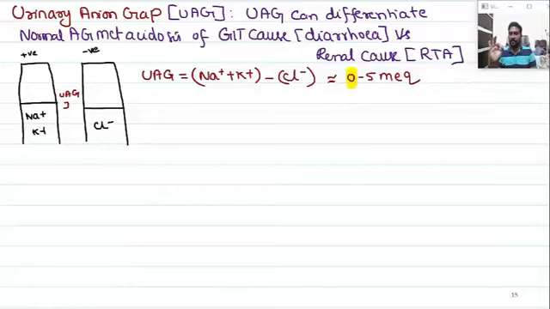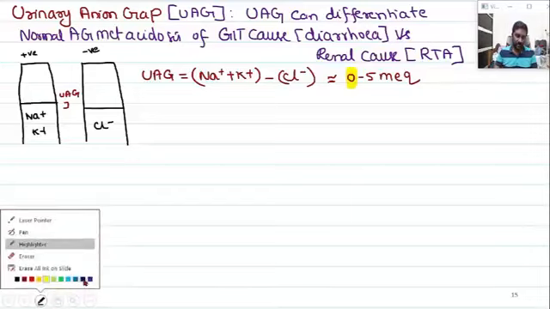So if urine anion gap is increasing, more than 0, the value is called urinary anion gap positive. Now if urine anion gap is decreasing, anything less than 0 is a negative value. So an increase in urine anion gap is called urine anion gap positive, and a decrease in urine anion gap is called urine anion gap negative.